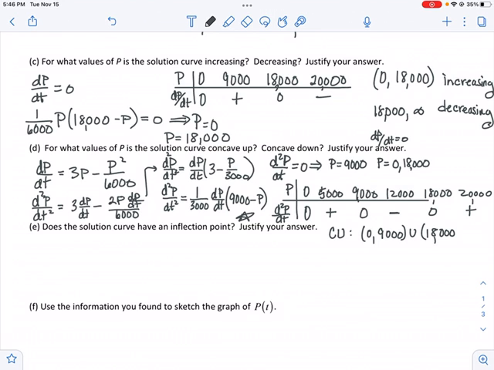Concave down would be from 9,000 to 18,000. So does the solution curve have an inflection point? Yes, it does, at P equal to 9,000, because the second derivative changes sign.